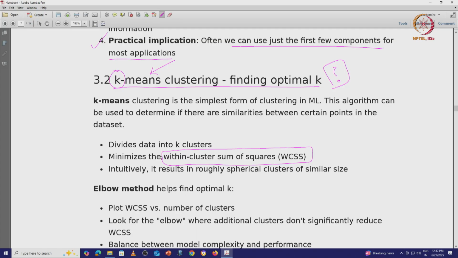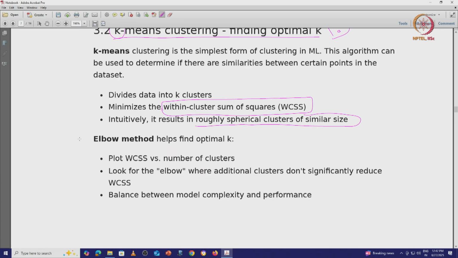Because it works on the principle of a centroid and the distance to a centroid, it will result in roughly spherical clusters of similar size. Now if you want to work with non-convex, non-spherical clusters, then we have to use other more complex clustering algorithms like DBSCAN, which we will also discuss.